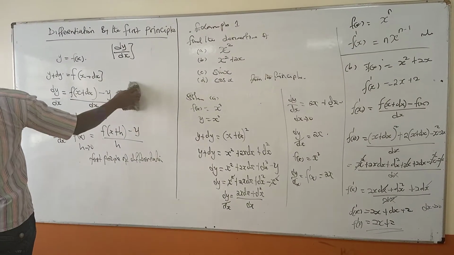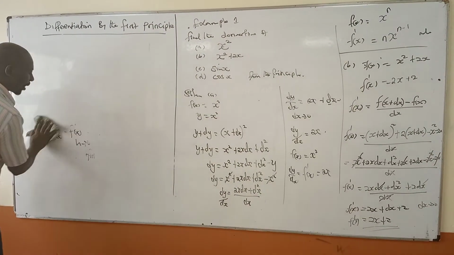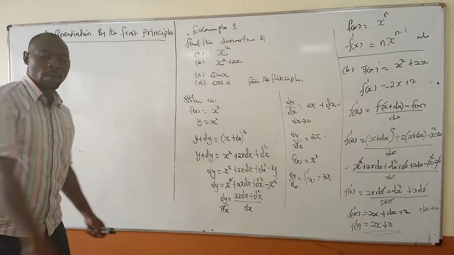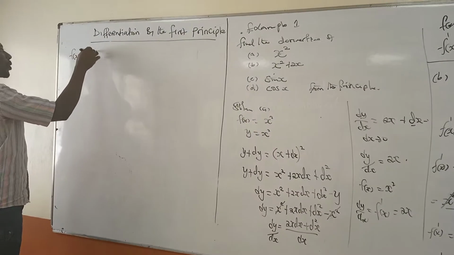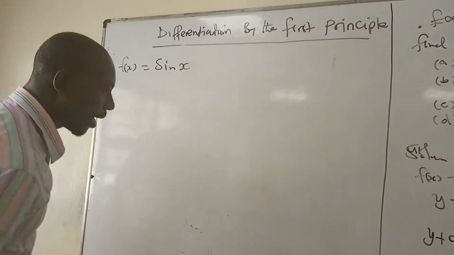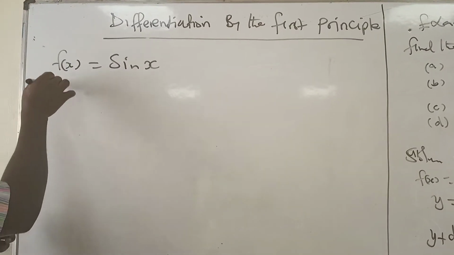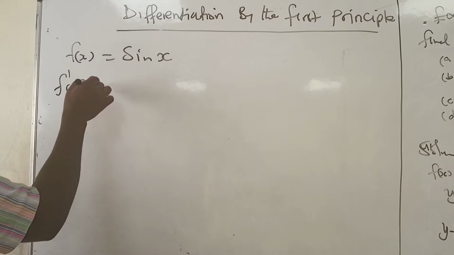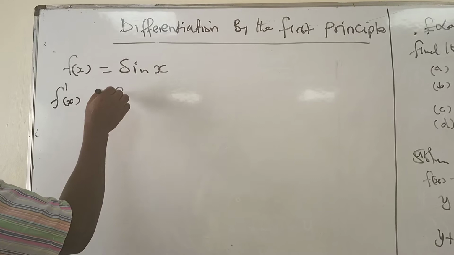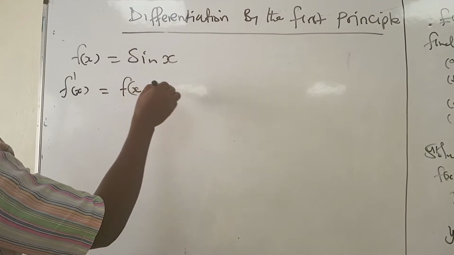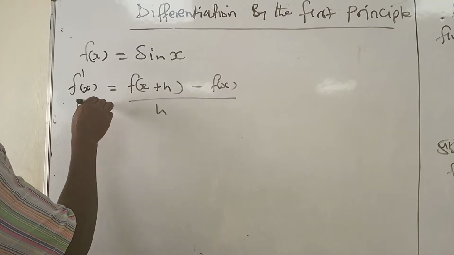Those for linear functions and polynomials look simple and interesting. What about if you now have a sinusoidal function? For example, given that f of x is equal to sine of x. From the first principle, the derivative of this function, f prime of x, shall be given by the general form, which is f of x plus h minus f of x over h, when h approaches 0.